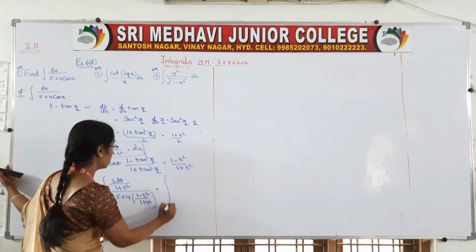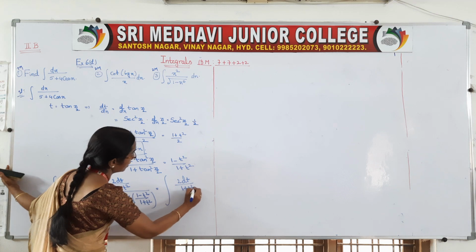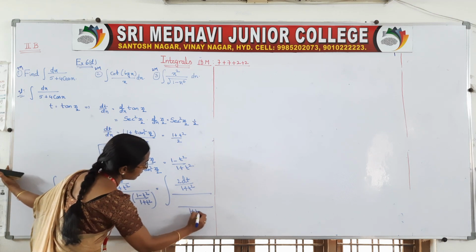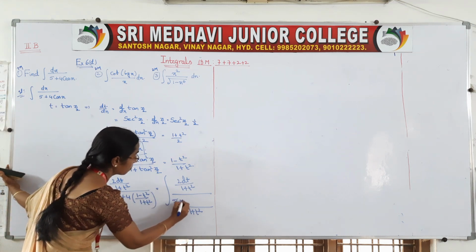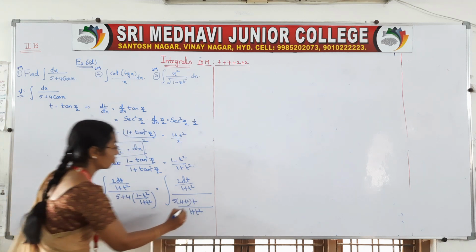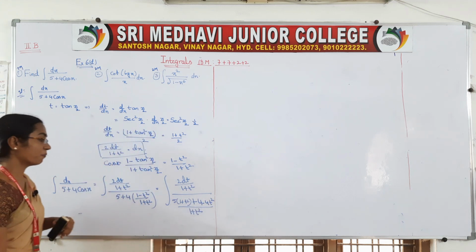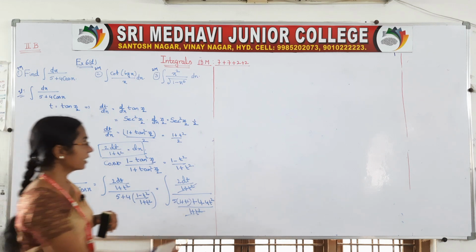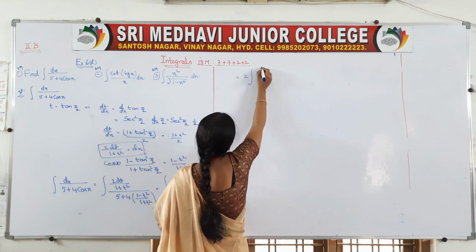So it is integral 2 dt by 1 plus t square by, what is the LCM? 1 plus t square is the LCM. So 5 into 1 plus t square plus, opening the brackets, 4 ones are 4 minus 4 t square. Okay, so 1 plus t square and 1 plus t square get cancelled.